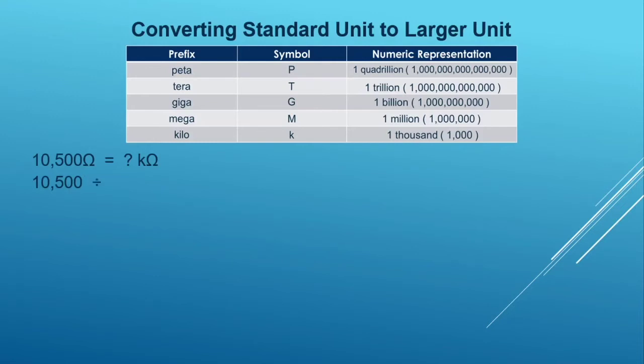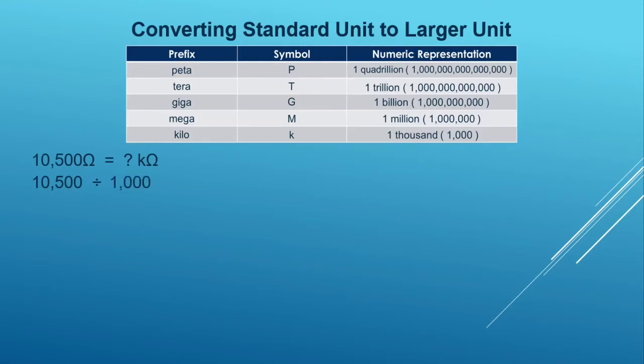and then you're going to divide the value of the quantity by the numeric representation of the prefix. In this case, our prefix is kilo, and the numeric representation of kilo is 1,000.